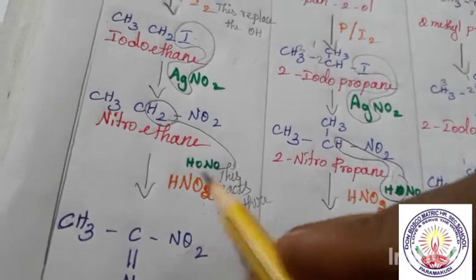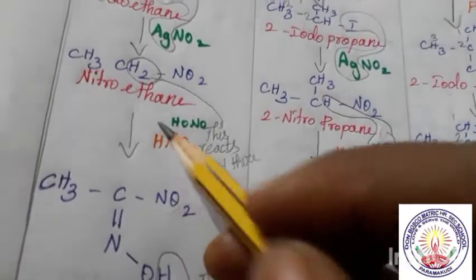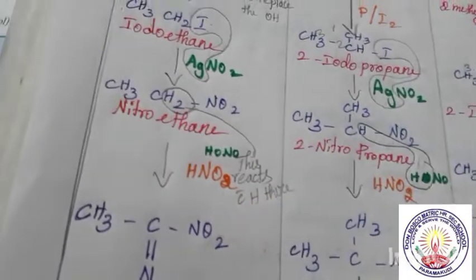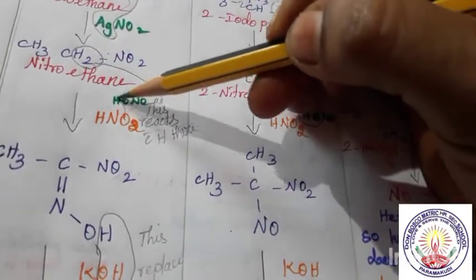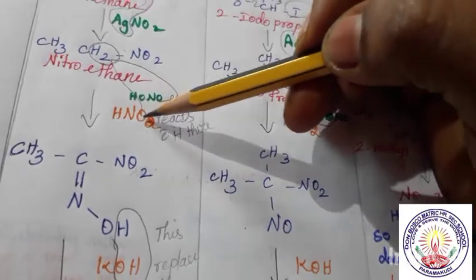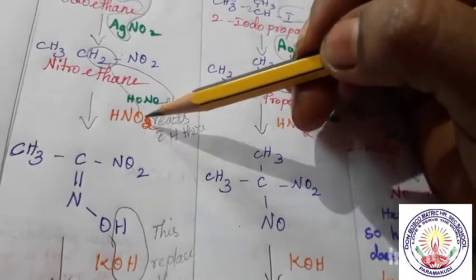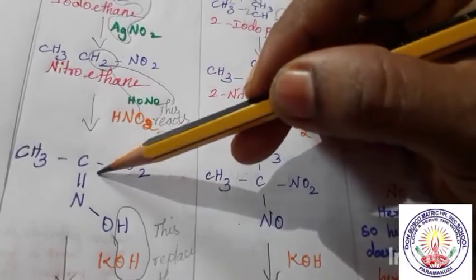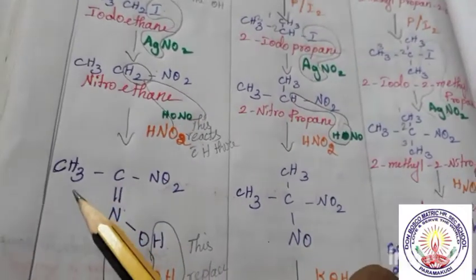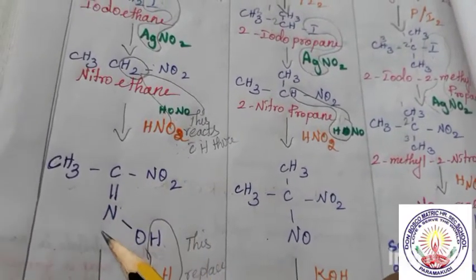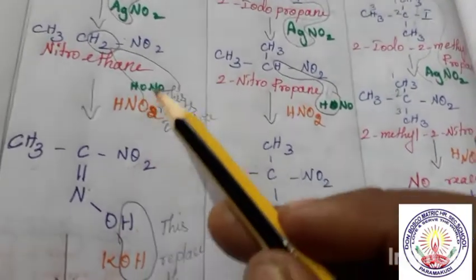Now when this reacts with this hydrogen, one O goes away along with H2. So remaining is one OH. That OH comes here with the N. So we get CH3 C double bond N OH, and this NO2 comes here.